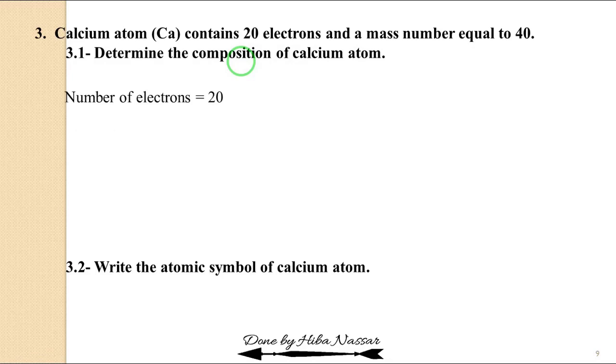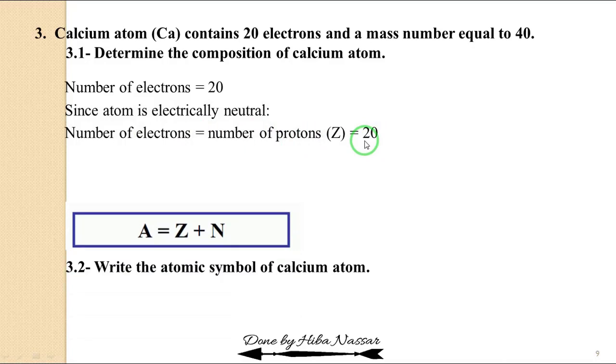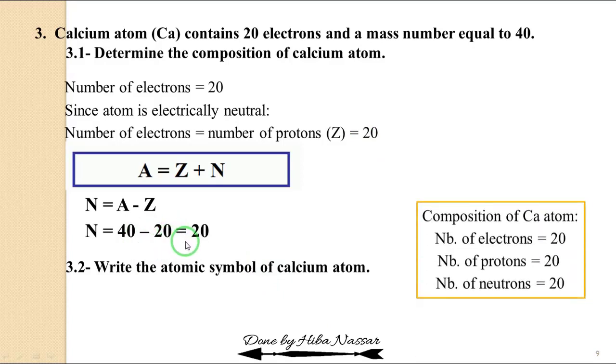Now, the number of electrons is given for you, it's equal to 20. To calculate the number of protons, you just have to say that since the atom is electrically neutral, the number of electrons equals the number of protons, which is 20. Now, for the number of neutrons, we will use the relation N equals A minus Z. So it's equal to 40 minus 20, which is 20 neutrons.